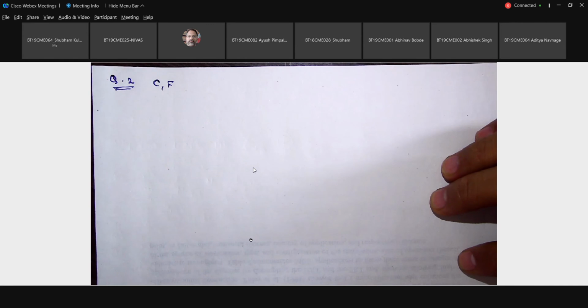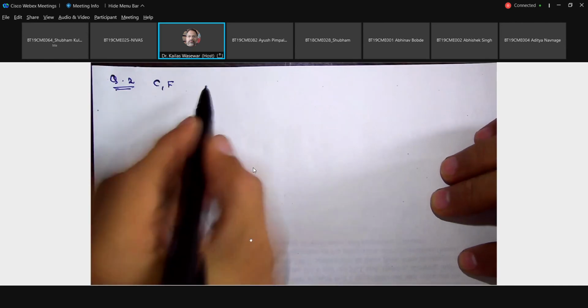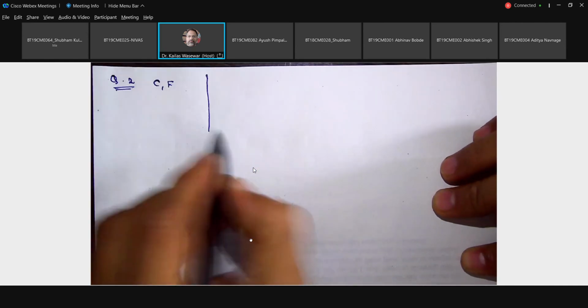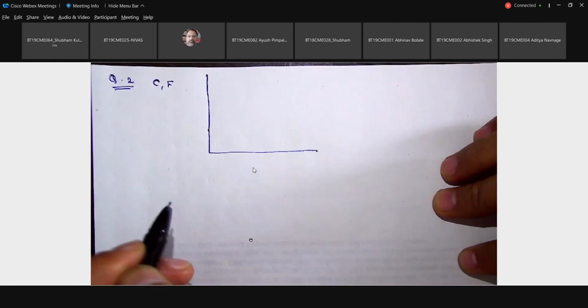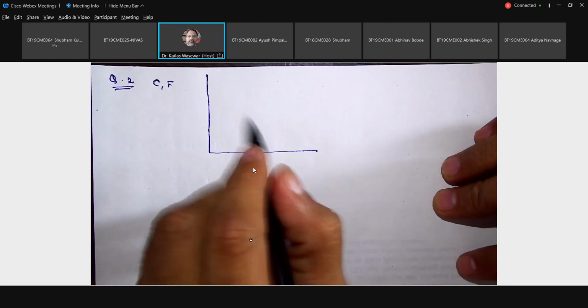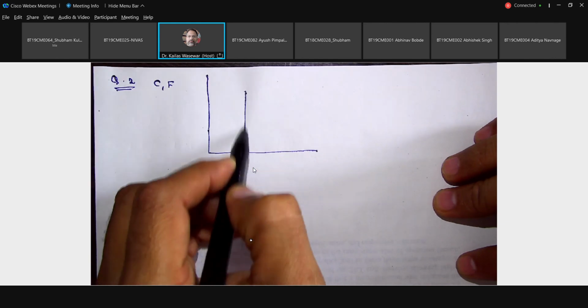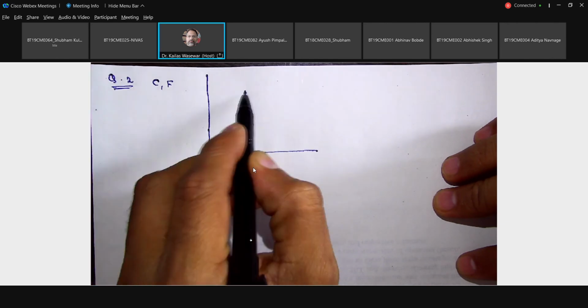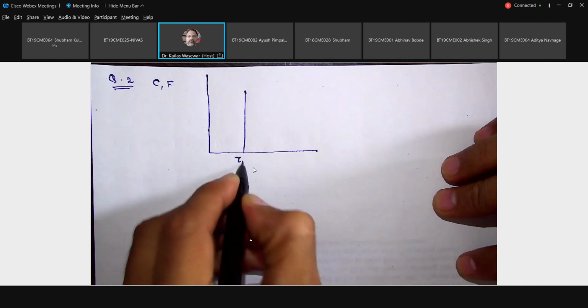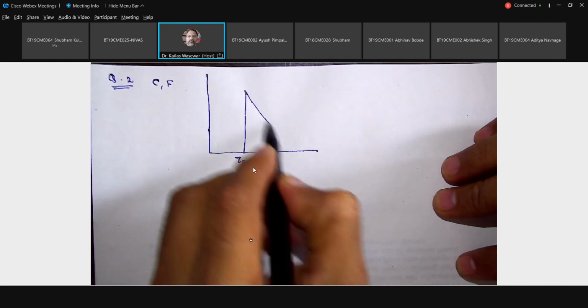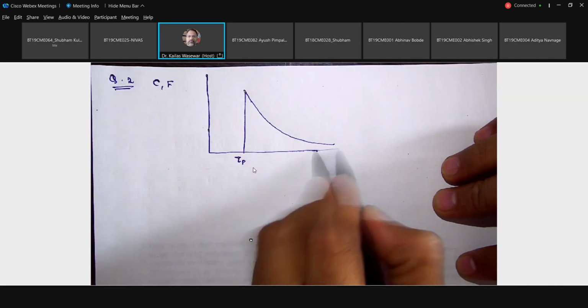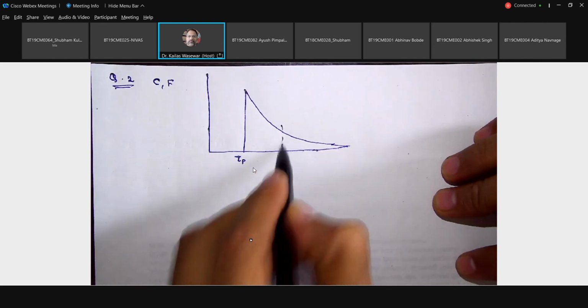So when you have the C curve, as it is a plug flow and mixed flow in series, definitely it will be the same for both cases. There is a sharp peak at tau p, and then it will go down, and somewhere it will be tau m.